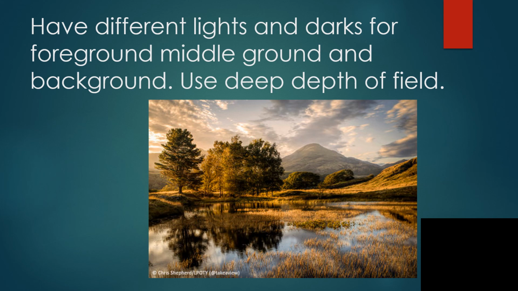Foregrounds of one value, lightness or darkness, middle grounds of another one, and the backgrounds of a third one. So our foreground here has a lot of light sky in it, and our middle ground has a lot of middle tones in it, and our background has that darker area and then the light sky again.